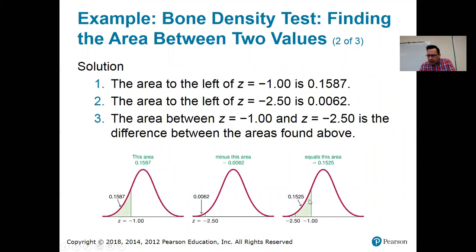So since the area that I want is between here and here, if I started here and went all the way to the left, that would give me the 0.1587. If I started here and went to the left, that would give me the 0.0062. And since I don't want that latter area, I'm going to subtract it out. Okay. So that's how you do that. When you're looking for the area between two z-scores, you look up the two z-scores and then just subtract them.